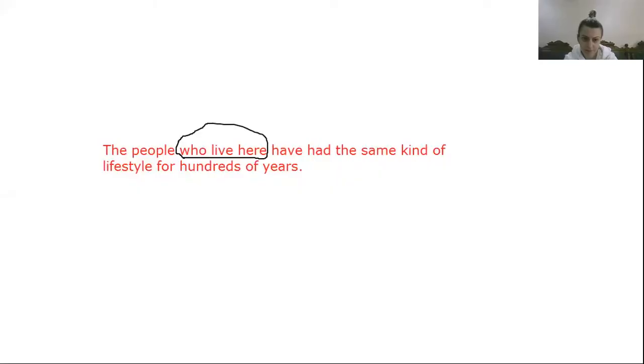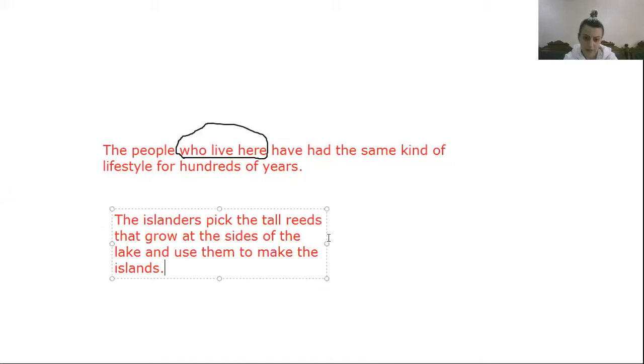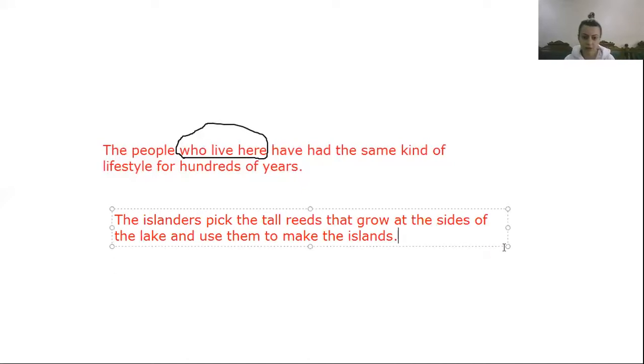Wait a minute, please, I will write it for you. The islanders picked the tall reeds that grew at the sides of the lake and used them to make the islands.